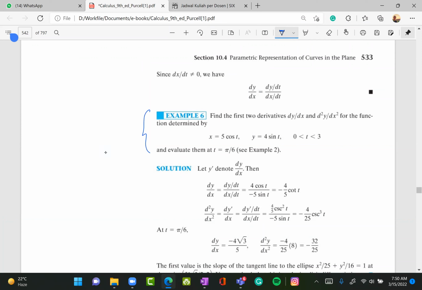Find the first derivative, dy/dx, and the second derivative, d²y/dx², for the function determined by this parametric: x is 5 cosine t, y is 4 sine t. So this should be a, what do you call this? A semi-ellipse. And then evaluate.